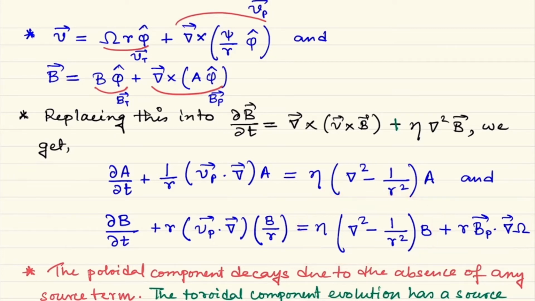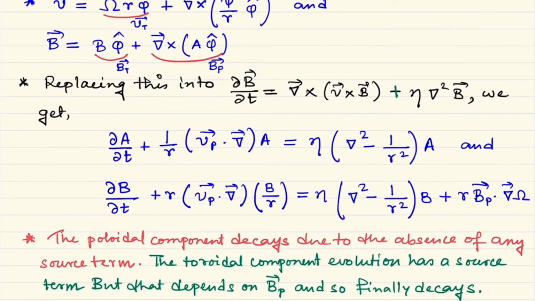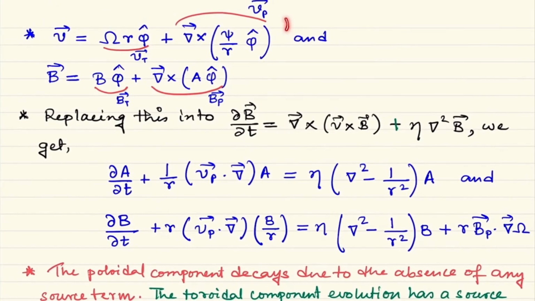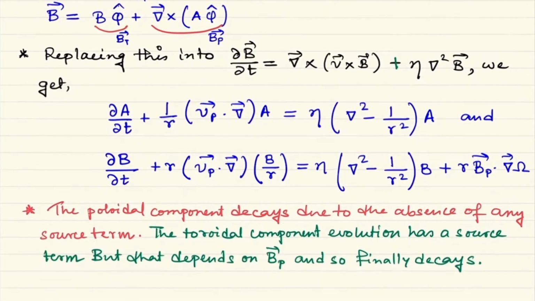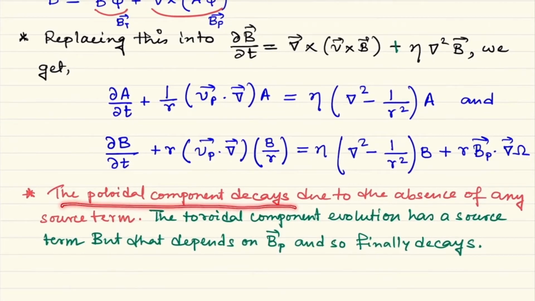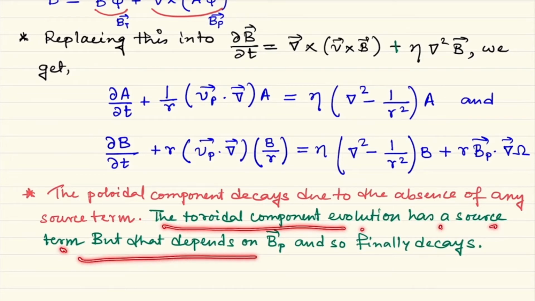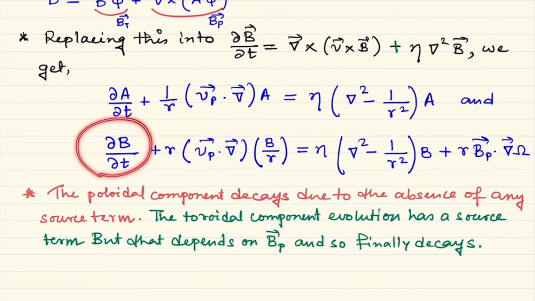of this diffusive term. That is why, under this specific writing, which is very important, the poloidal component decays due to the absence of any source term, and the toroidal component evolution has a source term, but this depends only on the poloidal part, so it stops at one time because the poloidal part decays in time, and finally the toroidal component also decays.